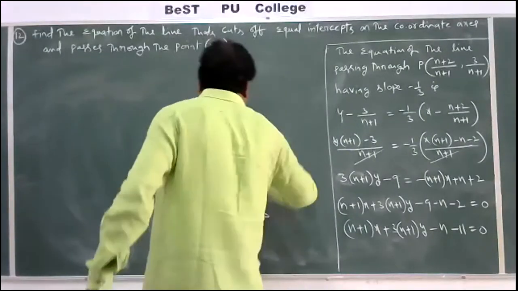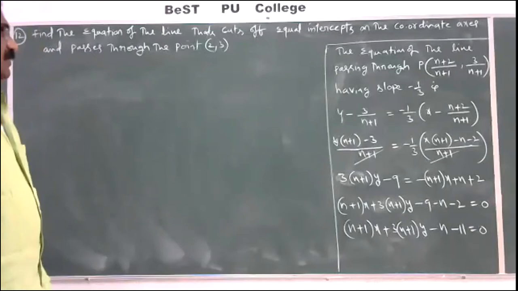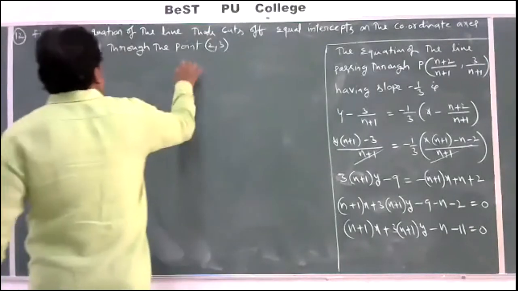Equal intercepts on coordinate axis, that is, we know the intercept form.